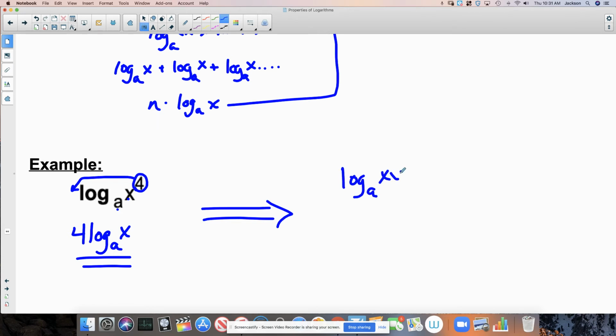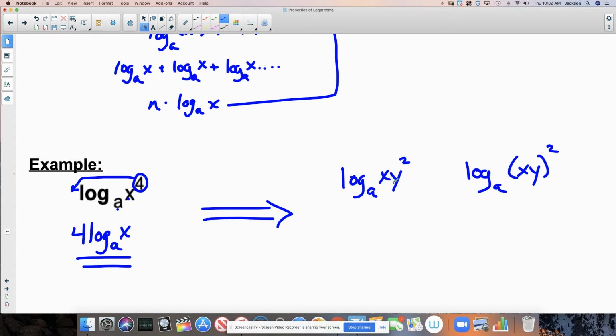let's say this and this are two very different expressions. We have to be careful about this. So inside this log is a product. One of the pieces of that product has this 2 as an exponent. So I can't move this 2 in front of this log because it's not an exponent for everything in here.